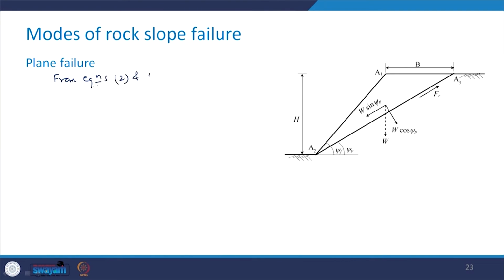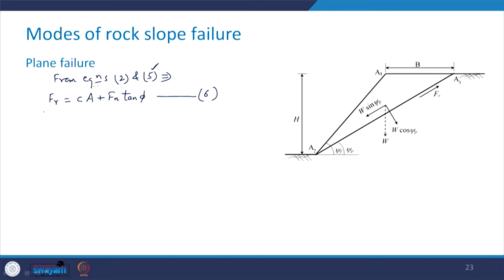Now, from these equations 2 and 5, what we will get is this Fr will be equal to C into A plus Fn into tan of phi. Make this equation as equation 6. Take a look at equation number 5 and you will realize that that was in terms of the stresses.